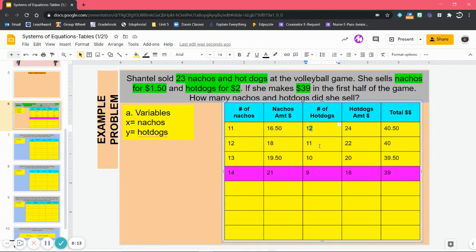So 12 and 11 equal 23, 13 and 10 equal 23, 14 and 9 equal 23. Notice that these two columns stayed equal to 23. The columns with the dollar amounts did not always equal 39, so I was trying to get to 39.